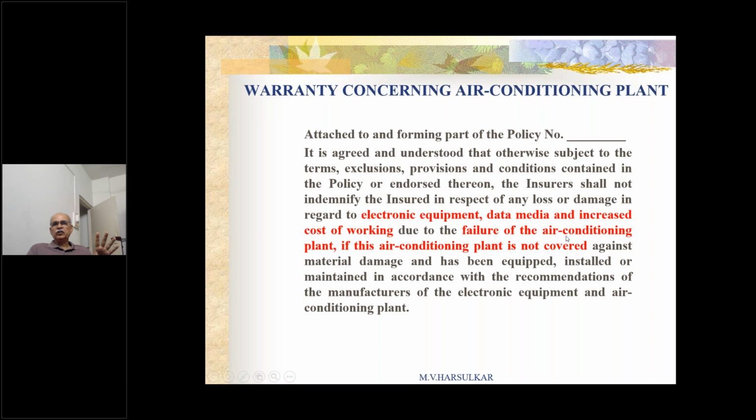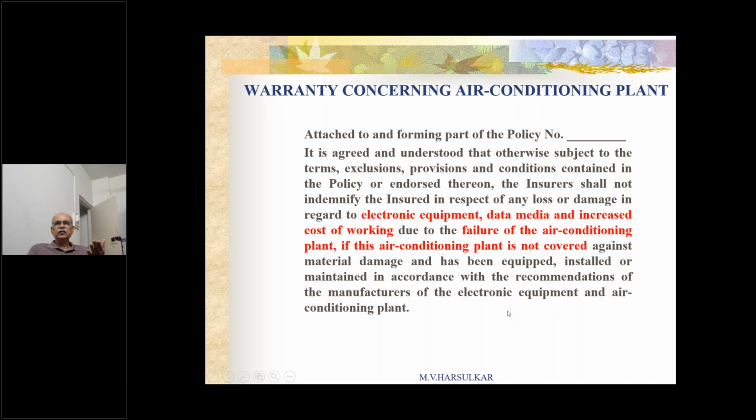If there is a loss due to failure of the air conditioning plant, and the air conditioning plant is not covered against material damage and has not been equipped, installed, or maintained in accordance with the recommendations of the manufacturers of the electronic equipment, then the loss is not covered. So the air conditioning plant also needs to be covered for material damage, and it should be maintained.